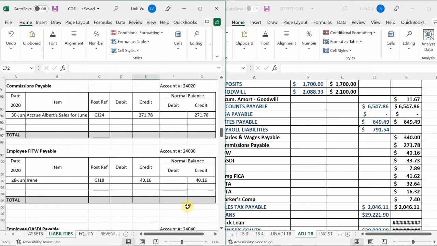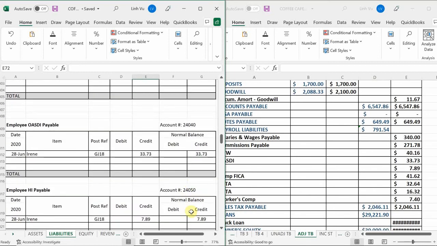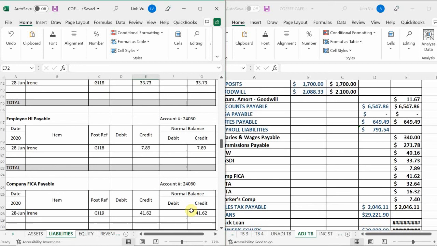So in this case, FITW is still 4016. OASDI is still $33.73. My Medicare is still $7.89.